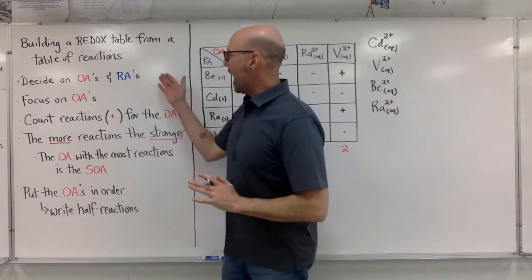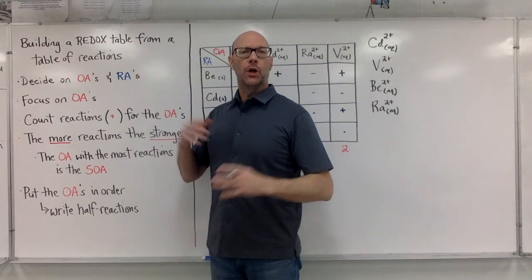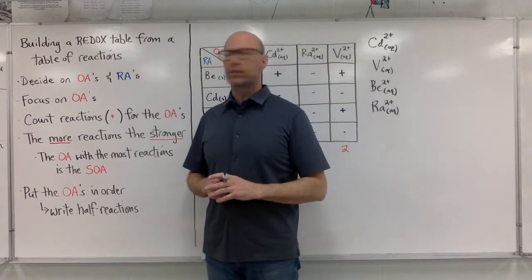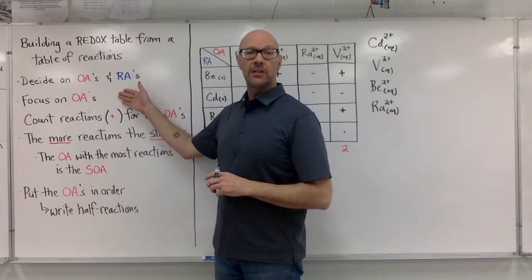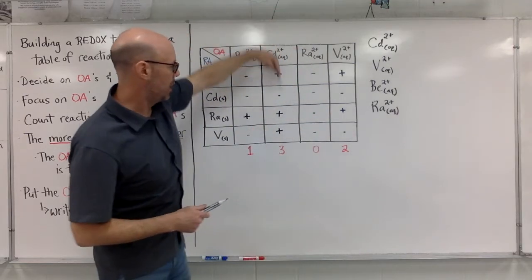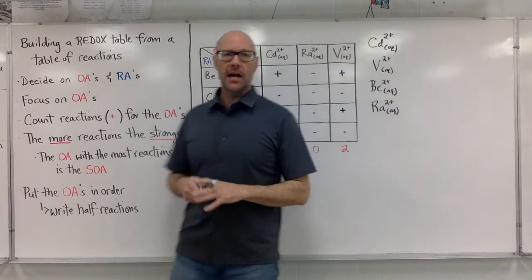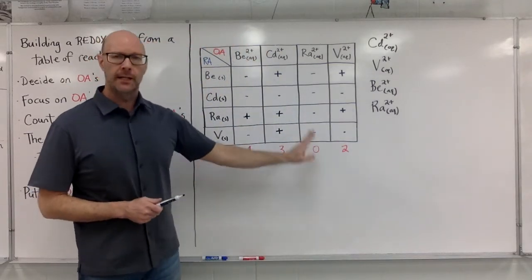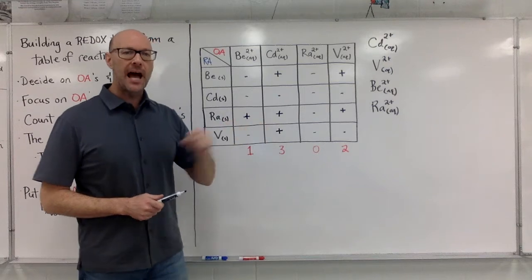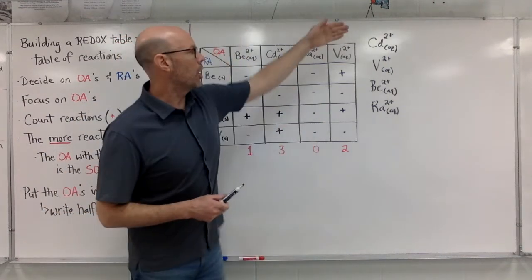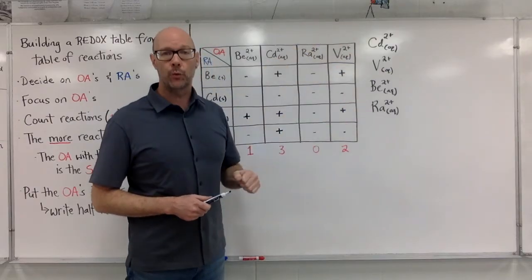We started by analyzing the table to decide which part of the table were the oxidizing agents, which part were the reducing agents. We focused on the oxidizing agents. Here I was counting going down. I counted the reactions, 1, 3, 0, 2, and that allowed me to put the oxidizing agents in order. Here they are, from strongest to weakest.